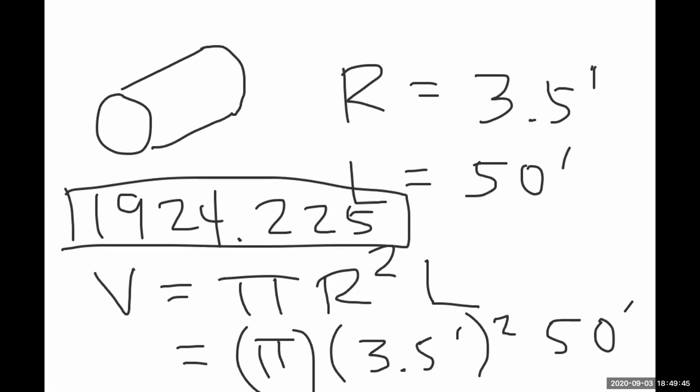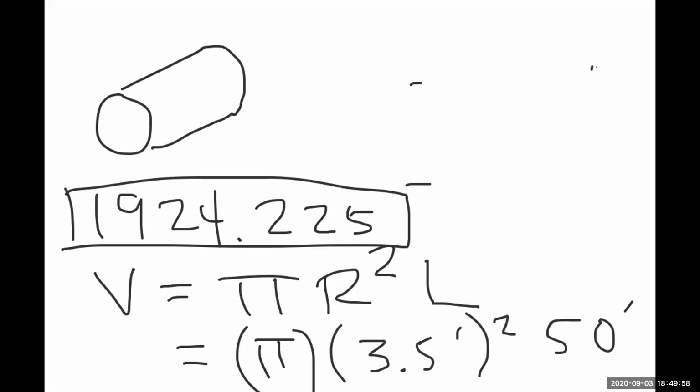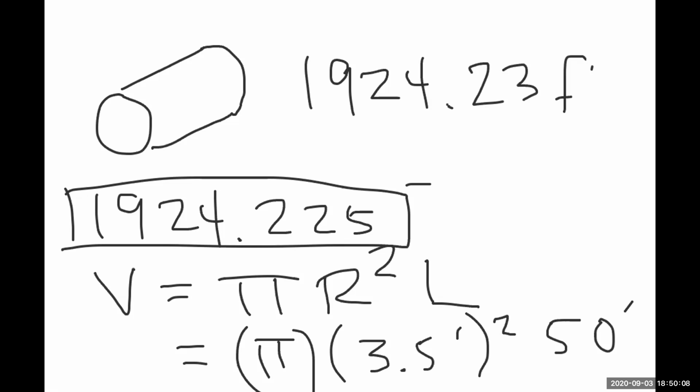But the answer is not correct until I round it and then I throw some units on it. Otherwise, we don't know what it means. Okay, so the final answer would be 1924.23 cubic feet. Because we have this squared.